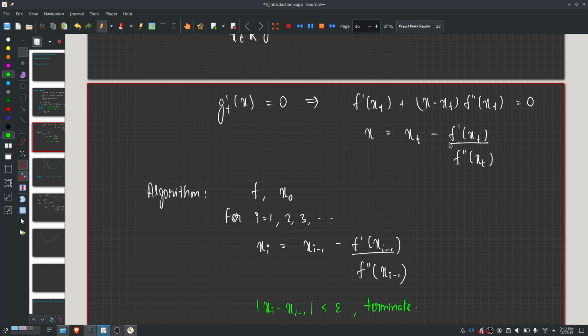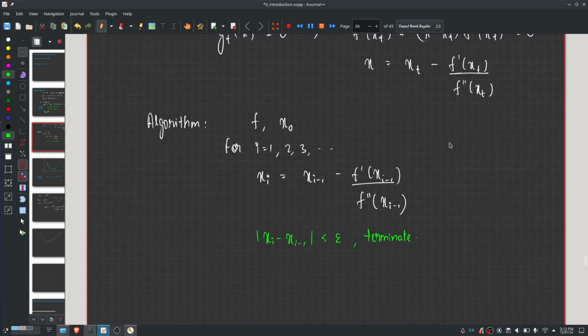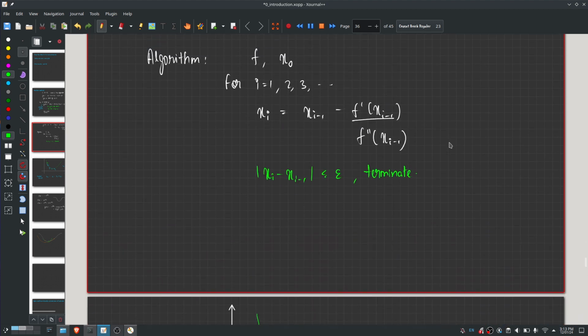So instead of moving towards it, you're moving away from it. So there's a tendency to move towards the minimum and then away from the minimum, and so forth. So Newton's method is guaranteed to work only if the function is convex. Any other questions?